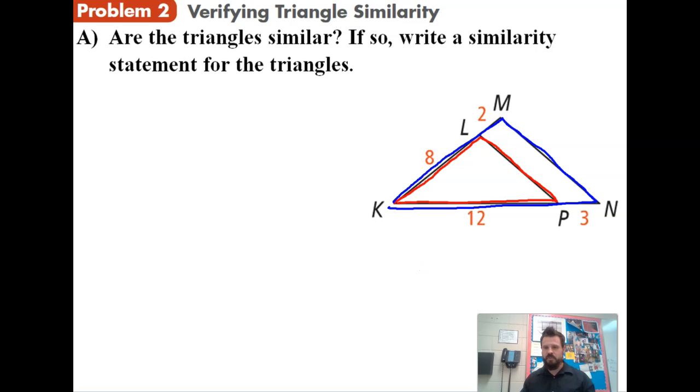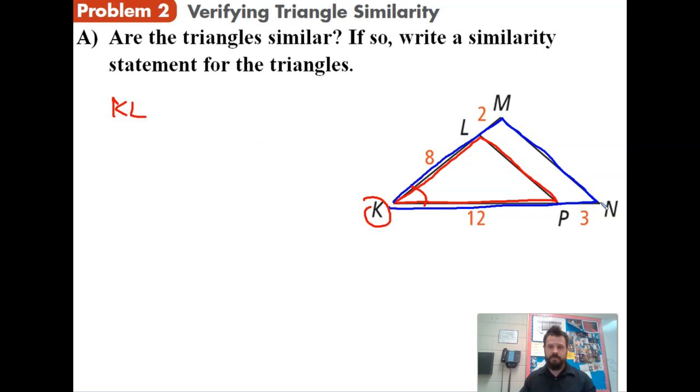Now the trick for this one is I can check my side-angle-side theorem. Since both these triangles share angle K, I know I have one angle congruent. And then what we'll do is check and see if the sides that include angle K, that surround angle K, are proportional. So we'll look at the ratio of KL over KM.